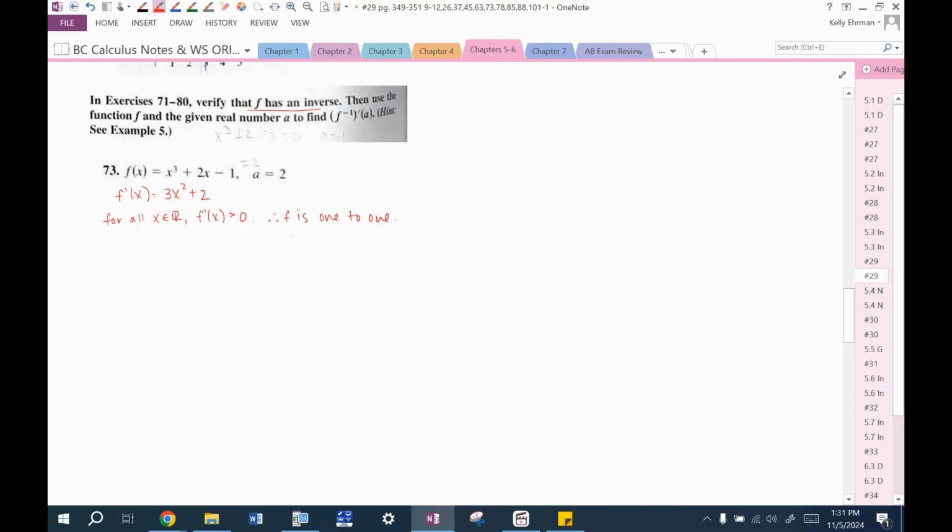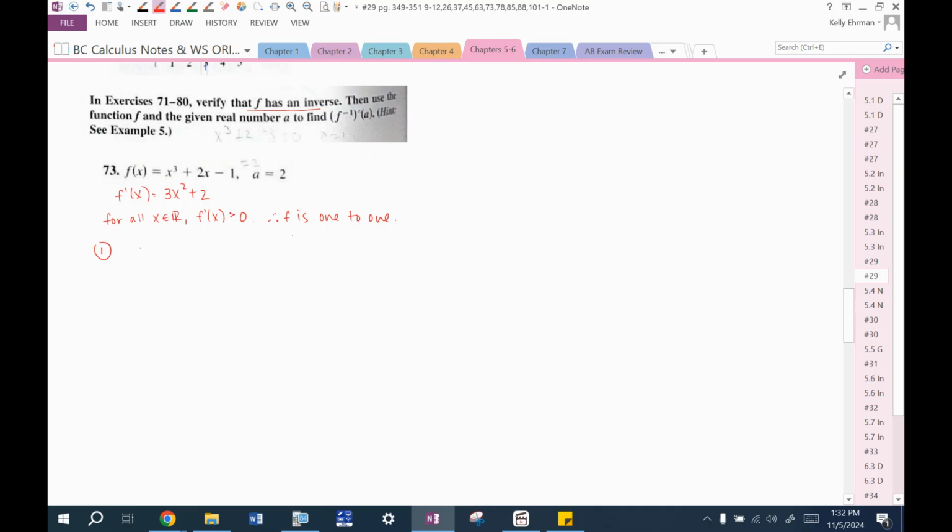Now, you're not really supposed to find the inverse function because that would be hard to do, right? Switching x and y. You're not supposed to find the inverse function and then take the derivative of it. What you're supposed to do is first figure out, okay, I know that f inverse prime of a, even though that's 2, I know it's the reciprocal of the slope on f of x of its corresponding point.